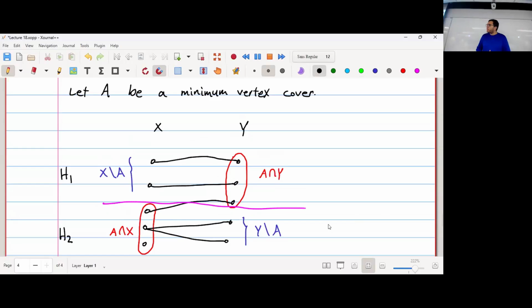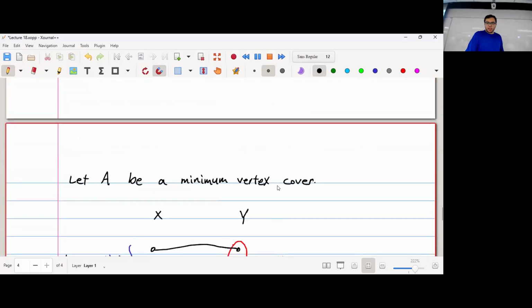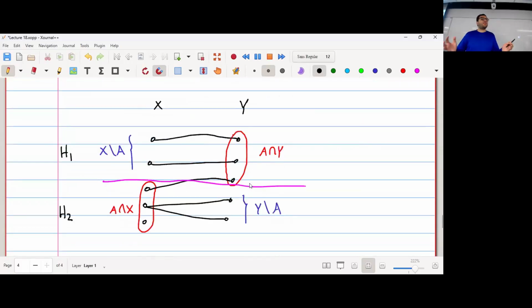Okay. So when I do this, I will lose some edges. I'm losing, for example, this edge, right? But I don't care, because I want to find a matching. I want to find a large matching. And if I have a graph and I lose some edges, that can only decrease the size of the maximum matching, right?